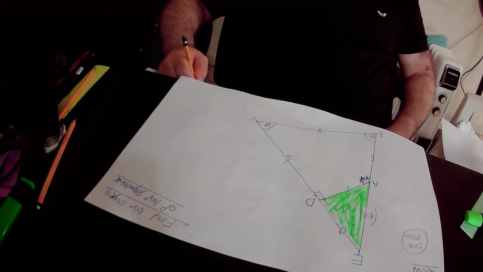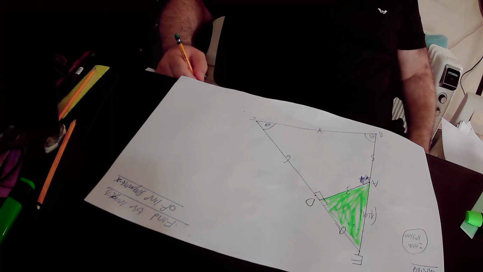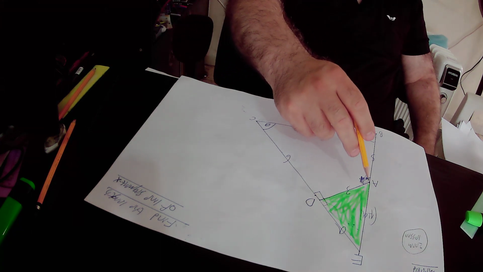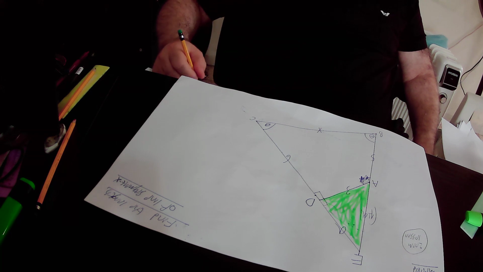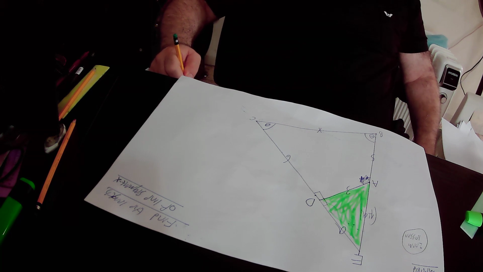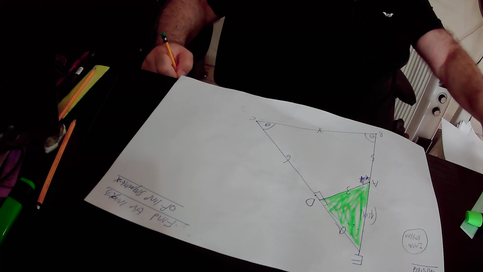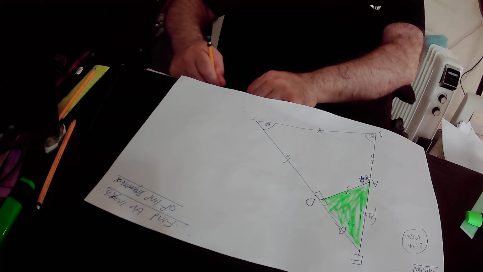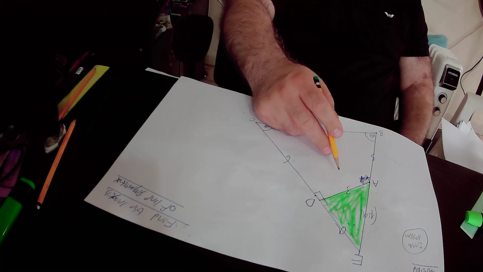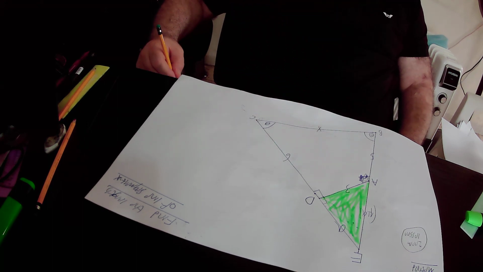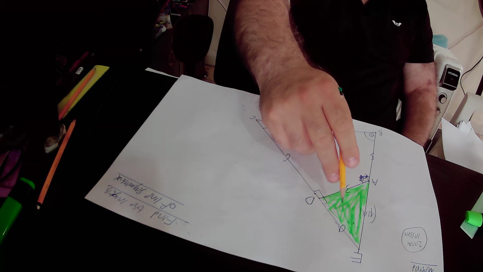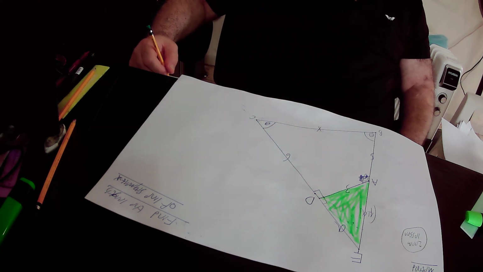So, according to the Pythagoras theorem, AE squared, AE is 1 plus A, so AE squared is 1 plus A squared, equals AD squared. AD is 3, so AD squared is 3 squared, that is 9, plus ED squared. ED equals A, so ED squared is A squared.